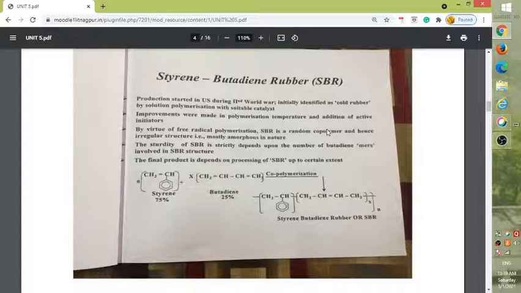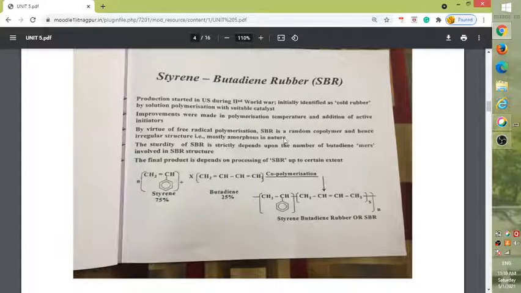Improvements were made in polymerization temperature and addition of active initiators. By virtue of free radical polymerization, SBR is a random copolymer and hence has an irregular structure. So this was earlier done by solution polymerization.